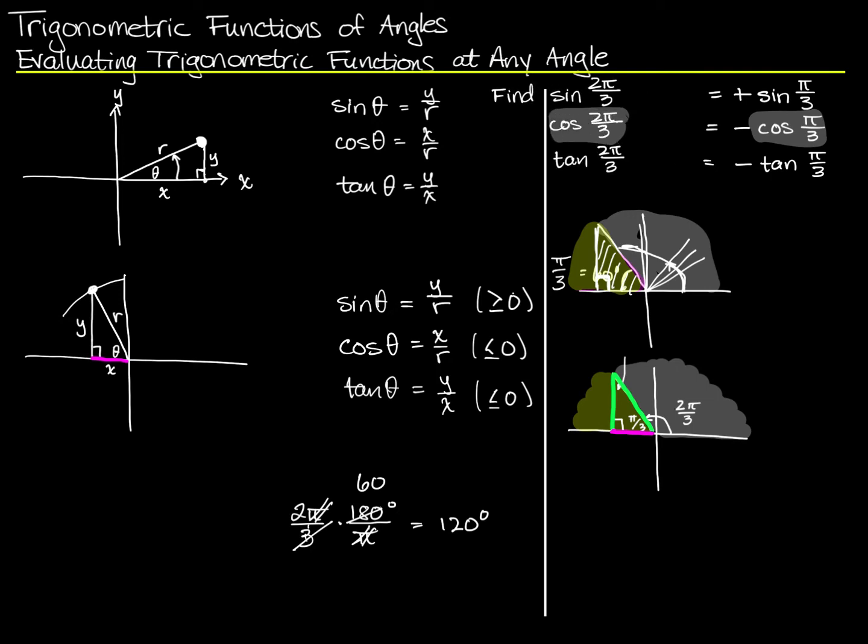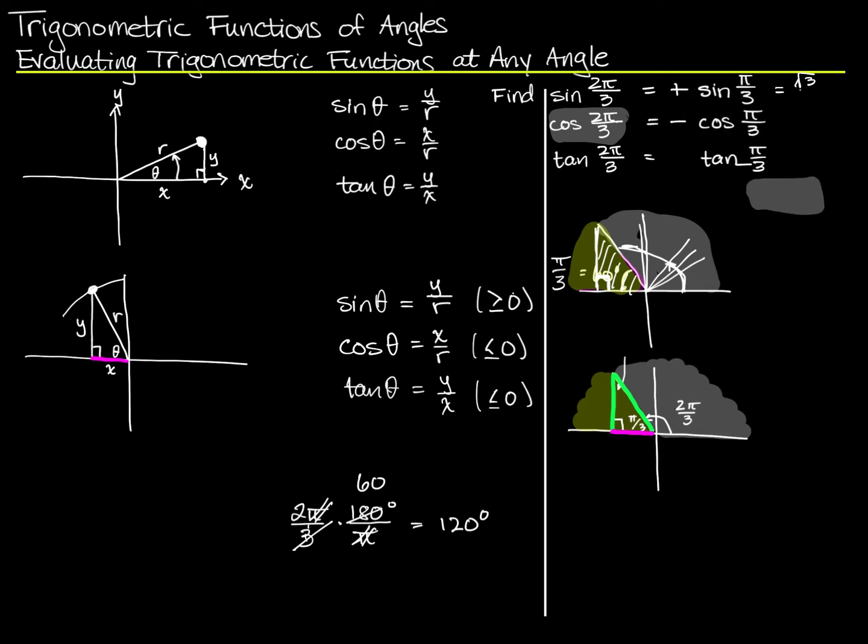Okay, now we can figure out what those values are. We know from our chart that the sine of pi over 3 is the square root of 3 over 2. I'm moving things around as I go here because I didn't really have room otherwise. Square root of 3 over 2, and it's going to be positive because we decided that in quadrant 2, sine was positive.